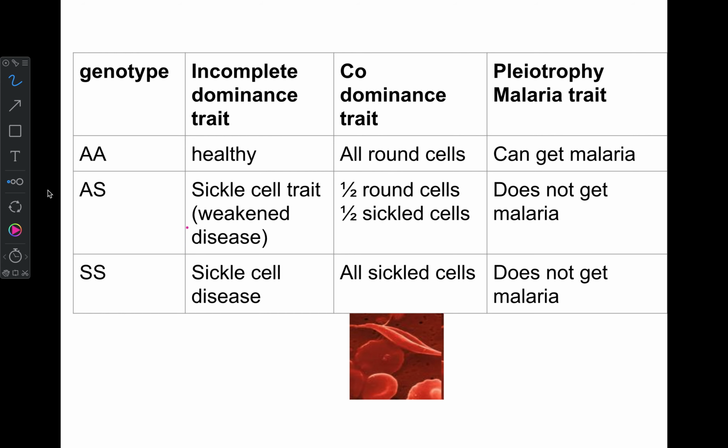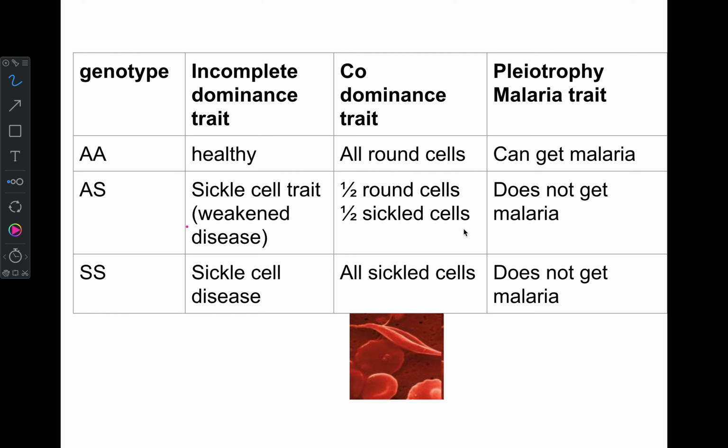So if it's AA, they're all round cells. And if it's SS, they're all sickled cells. This is a sickled cell, right? It just means it's kind of like twisted. And sometimes people have a codominant genotype where there's half round cells and half sickled cells, right?